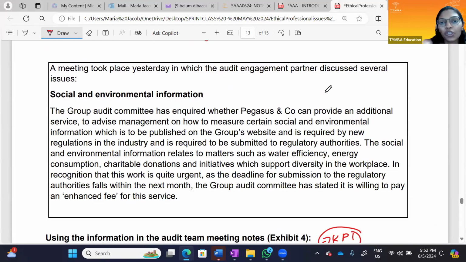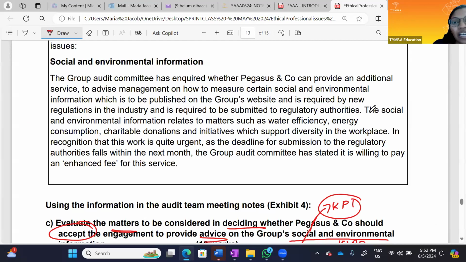A meeting took place yesterday, in which the audit engagement partner discussed several issues. The group audit committee has inquired whether Pegasus Co. can provide an additional service to advise management on how to measure certain social and environmental information, which is to be published on the group website and is required by the new regulation in the industry.